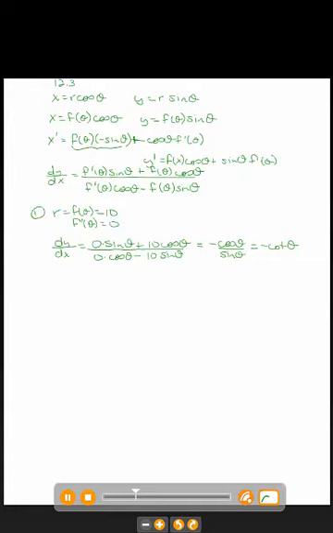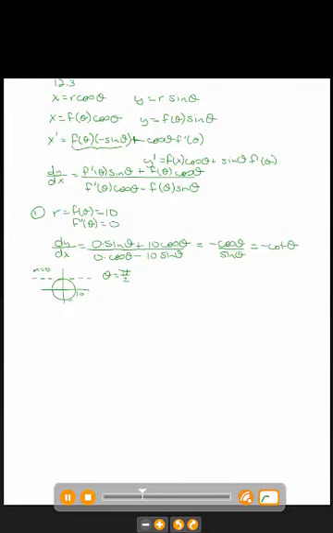They didn't ask us to find any of them, but we could check a few points. Remember, these are slopes on a circle, radius 10. If I start plugging numbers in, if I'm looking at theta equal to pi over 2, the tangent right through here should be 0.